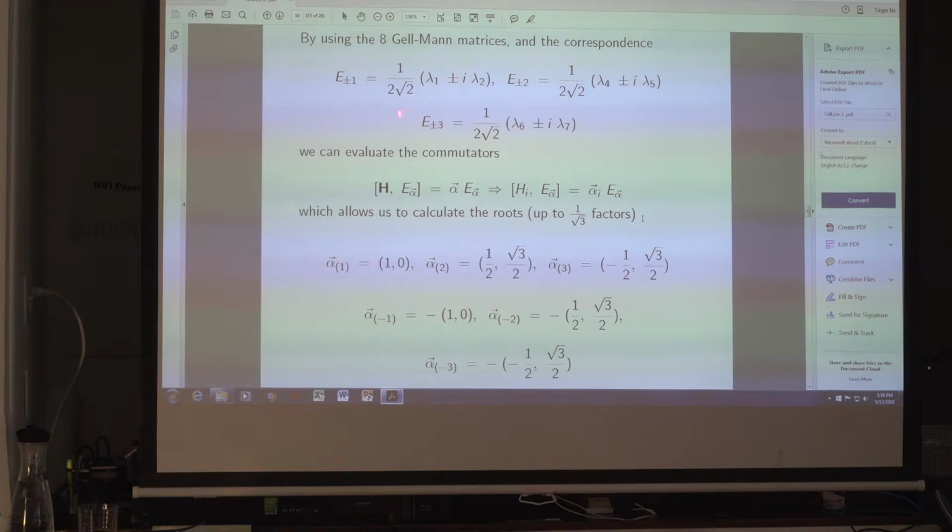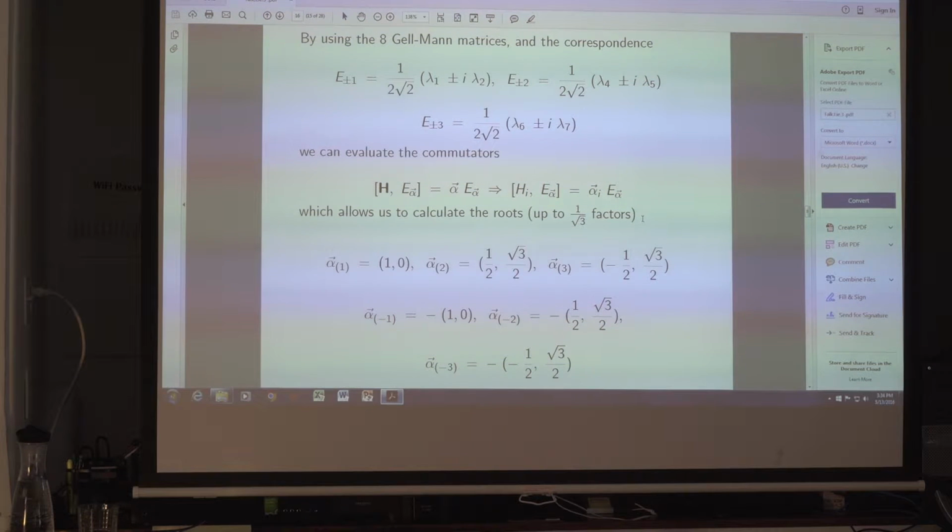Okay, so now let's use the correspondence of the Gell-Mann matrices. So I have my matrices, and a one-to-one correspondence between the generators in your Cartan basis and the Gell-Mann matrices. So now I can just evaluate the commutators by evaluating the commutators of matrices.